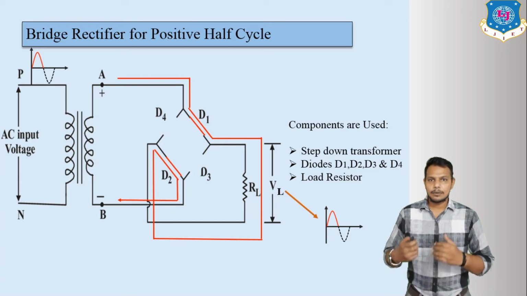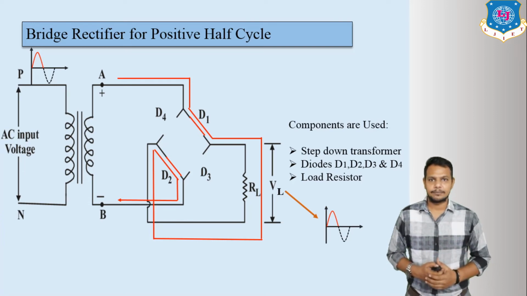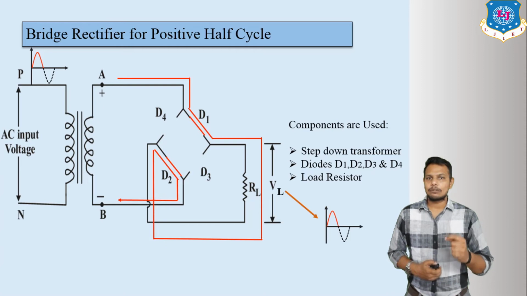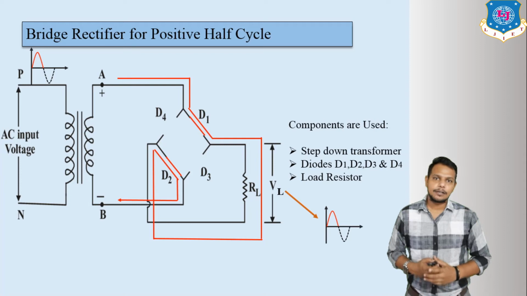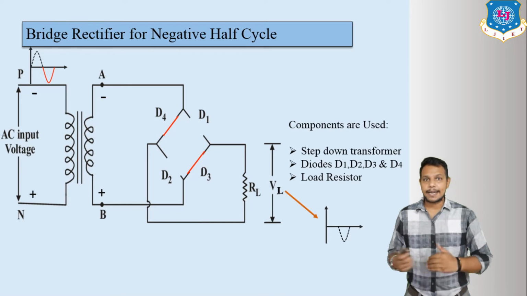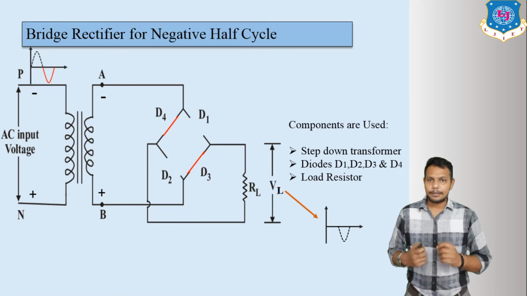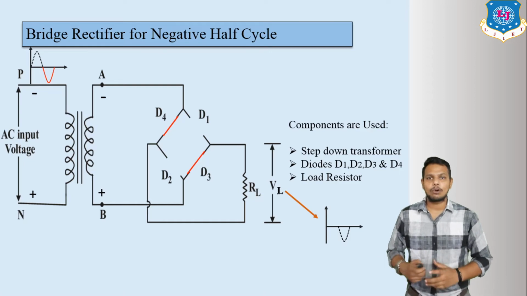So our output will be a positive half cycle, because current is always flowing from upper to lower, plus to minus formation. So D3 and D4 work in reverse bias. Let us discuss its waveform. Here we can see the negative half cycle. If we enter a negative half cycle at the input side, then what happens?